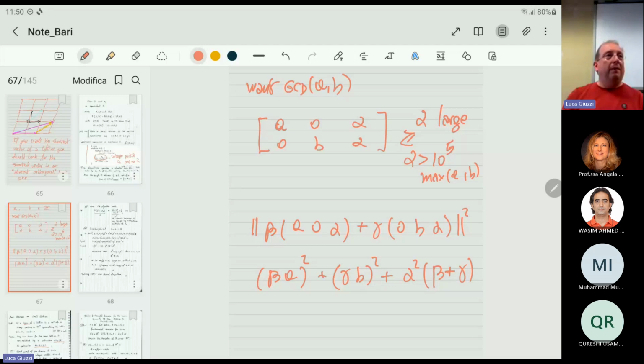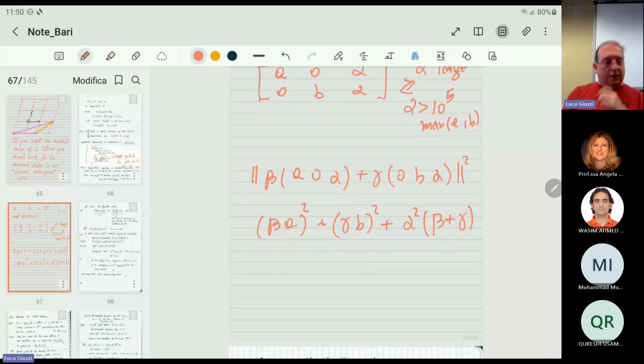But alpha squared is much larger than the other two terms.